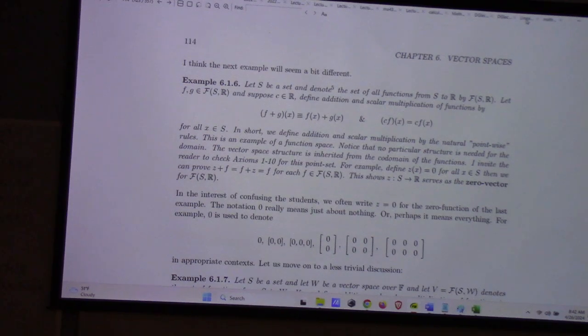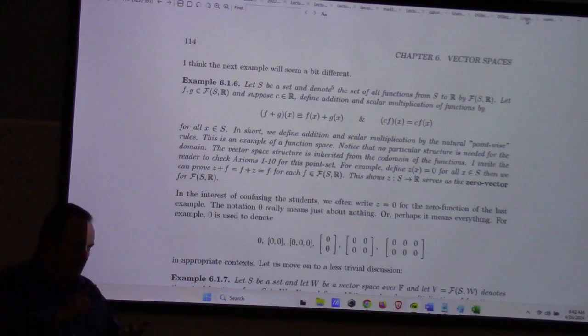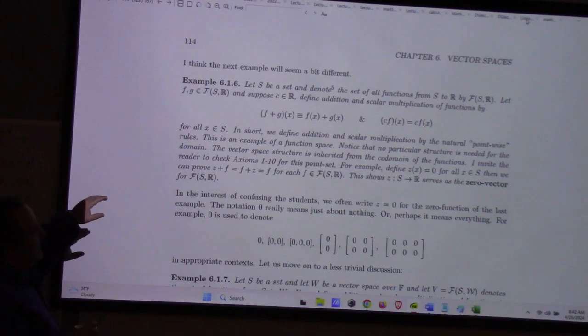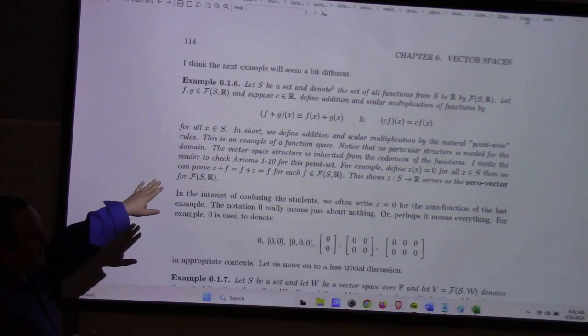So you could look at vector spaces over the rational numbers, over the real numbers, over the complex numbers, or over finite fields like Z mod 2. You might be interested in that if you're like a computer scientist, right? Working over Z mod 2 is significant for computer architecture and stuff like that, I imagine. Anyway, so this is a much more exotic example.